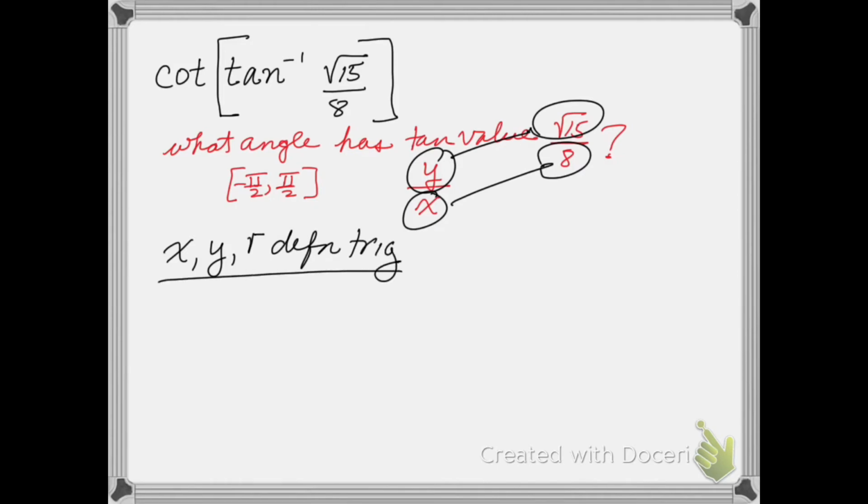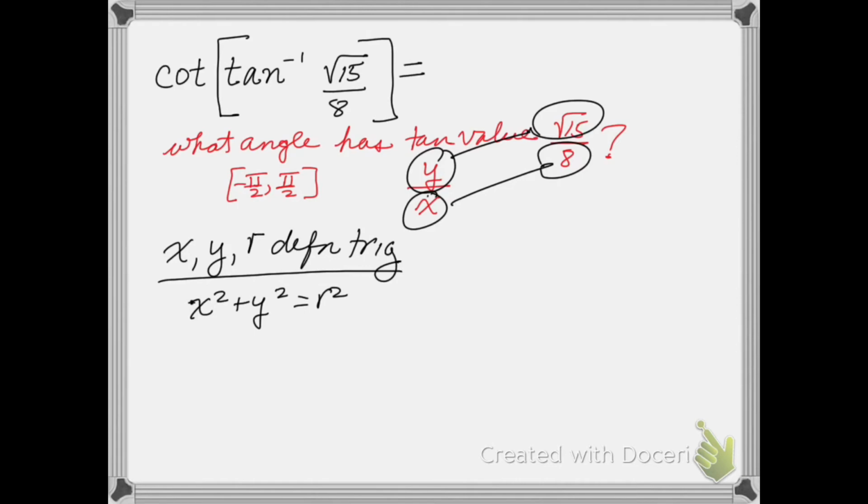And then I could also find r here, because x squared plus y squared is equal to r squared. Now, I don't need it, but I do want to come back to it. But for right now, I've got y and x.